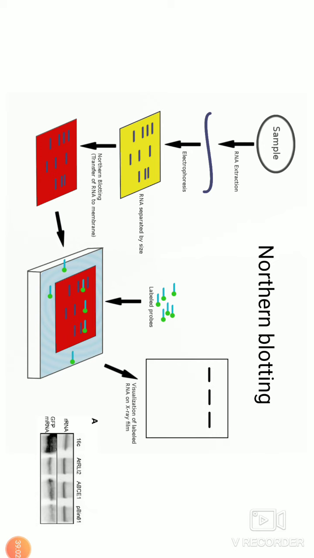The membrane is then kept in a dish containing hybridization buffer. Then it is hybridized with the probe, and once it is washed, the labeled probes can be detected using X-ray film if it is labeled with P32.